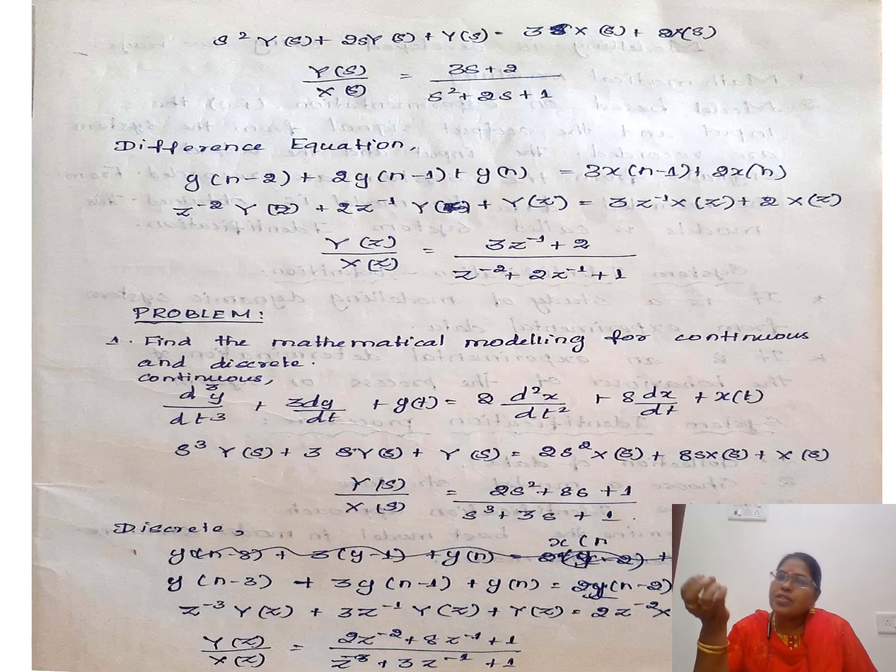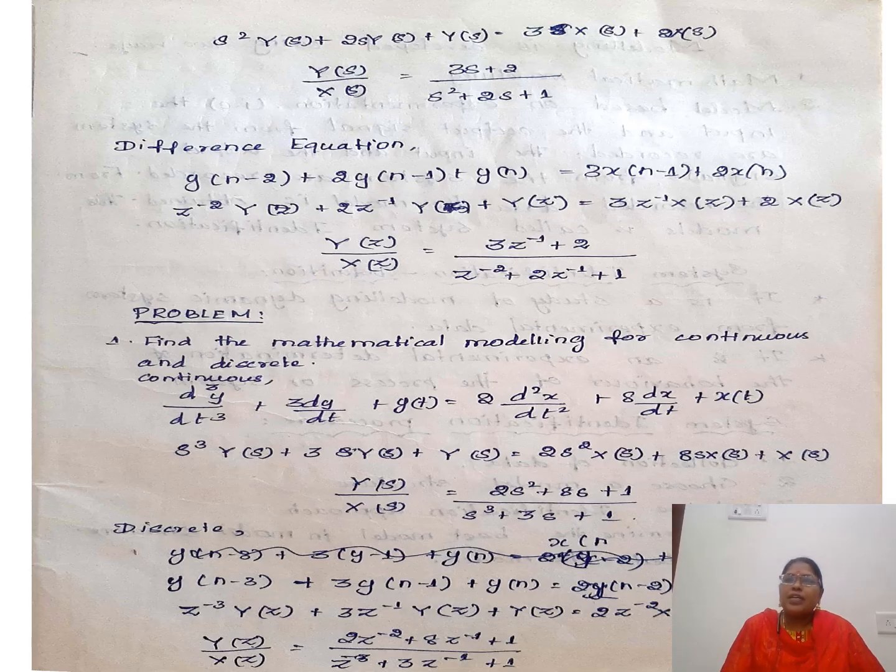In continuous time we can use the Laplace transform, but for difference equations, in discrete time, I have to use the z transform for analysis. So I can convert this to z power minus 2, z power minus 1, Y(z). Here also you have to combine all Y(z) and X(z). From this you find the transfer function Y(z) by X(z).